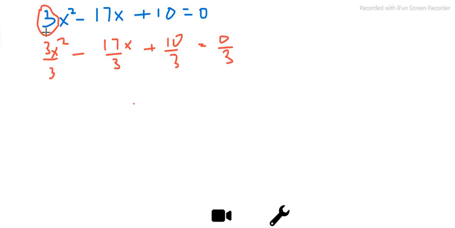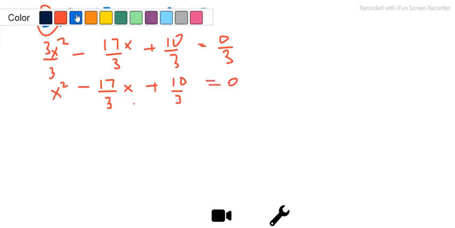So 3 divided by 3 will give us 1. So here we are left with x squared minus 17x over 3. This one will give us a decimal, so there is no need of writing a decimal, just put it back as a fraction. Plus 10 over 3 will also give us a decimal, but we write it as 10 over 3. 0 divided by 3 will give us 0.